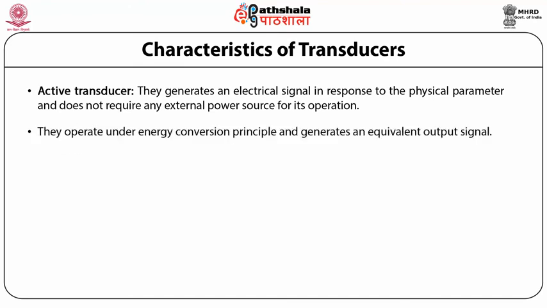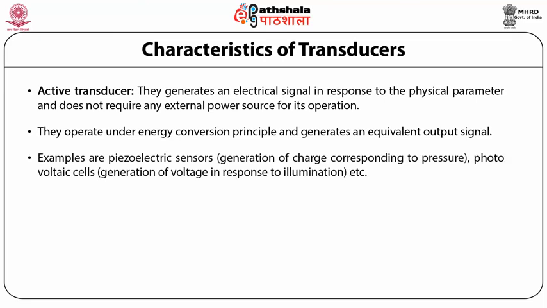They operate under energy conversion principle and generates an equivalent output signal. So the examples are piezoelectric sensors, that is generation of charge corresponding to the pressure, photovoltaic cells, generation of voltage in response to illumination, etc.